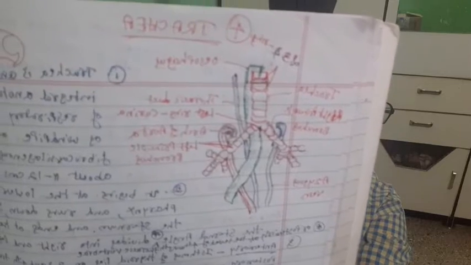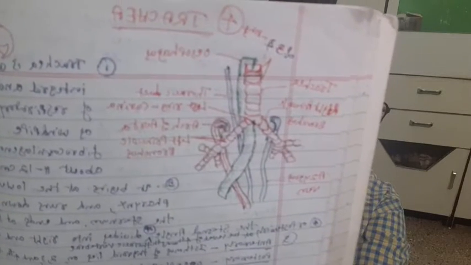Now coming to the fourth one, that is the trachea. The figure is like this, the tracheal figure. This is the trachea, which is a major windpipe.